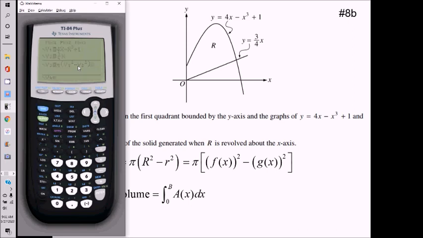Quitting out of there now, I'm going to just do the integral. So math 9 from 0 to b, alpha b, of, and now I can just do alpha trace y3. That's where I stored my area function, dx, and that comes out to 57.463.